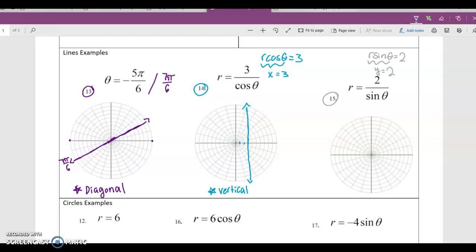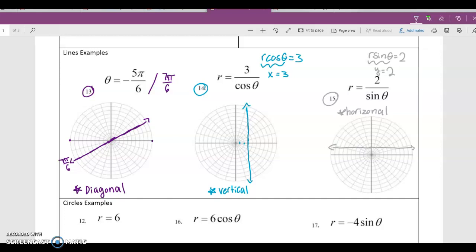And then just like we did over here on our graph of x equals 3, we're going to count up 2 circles. And my line just goes straight across like that. So when you have r is equal to a number divided by sine of theta, this is a horizontal line.